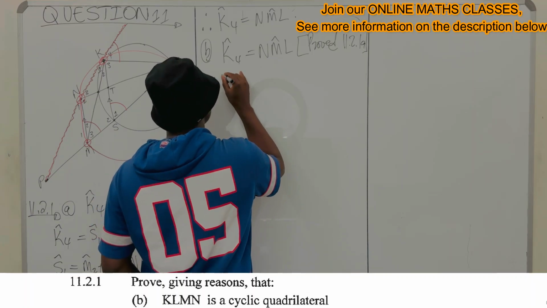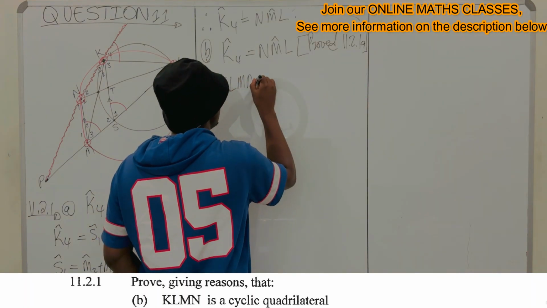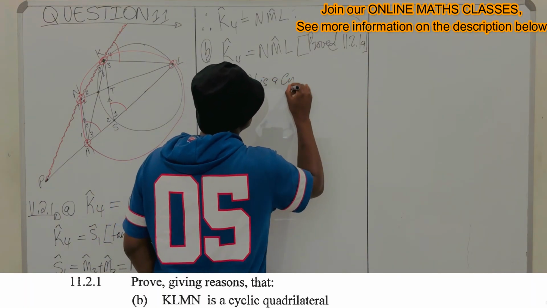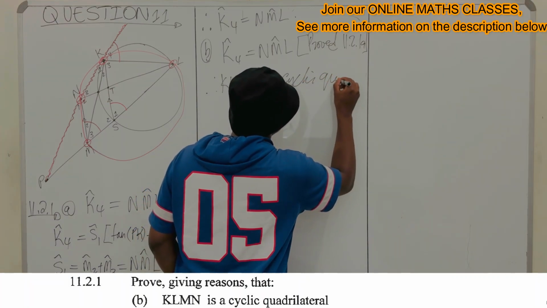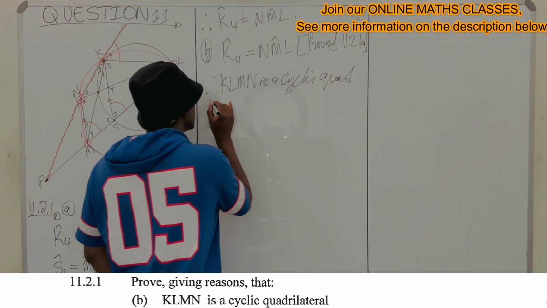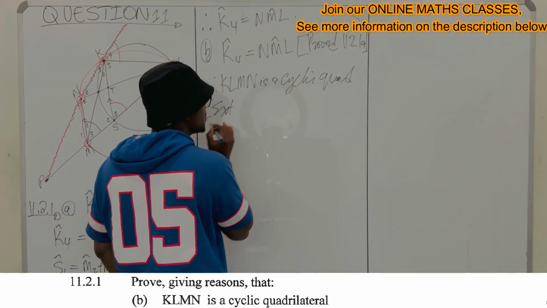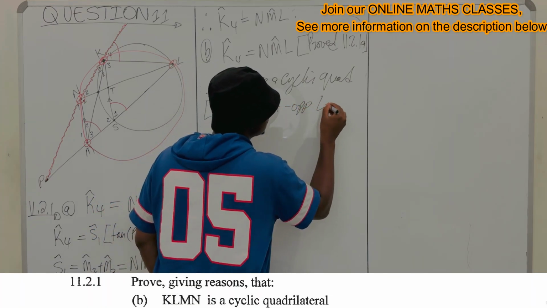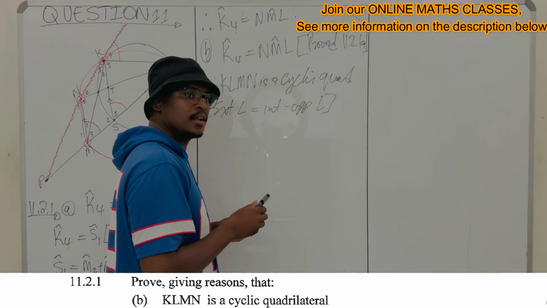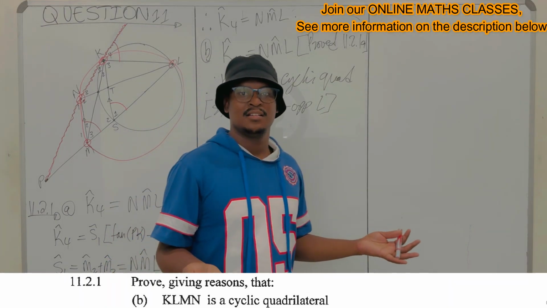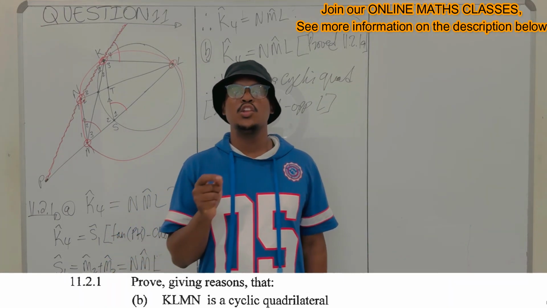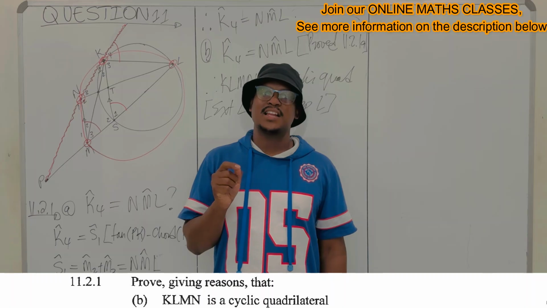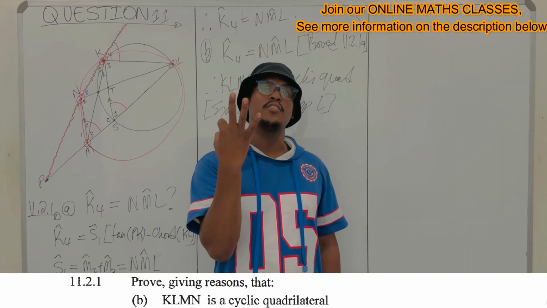Therefore, we'll say now KLMN is a cyclic quadrilateral. Why? Because the exterior angle of this quadrilateral is equal to the interior opposite angle of the quadrilateral. Therefore, it is cyclic. In order to show that a quadrilateral is cyclic, you must show one of the 3 conditions.